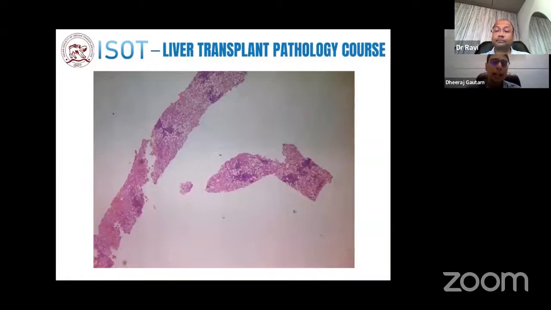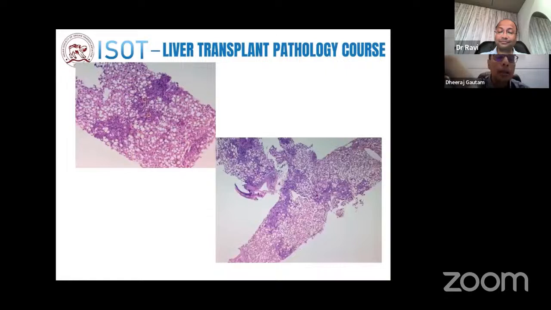You can see there are a few areas preserved, which is usually the zone 1 area. And you can see the microvesicular steatosis in the whole slide. So I will come to the second part. You can see there's a dilatation of the biliary duct, which is having cholestasis, while this area is somewhat preserved.